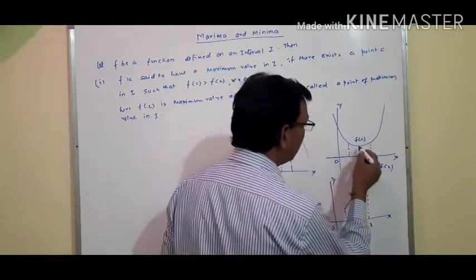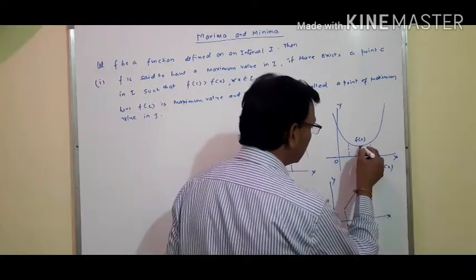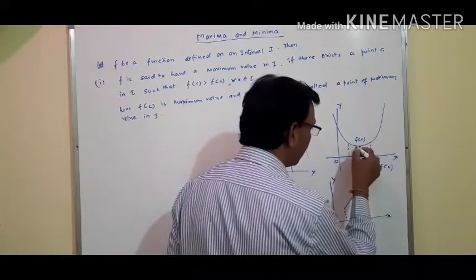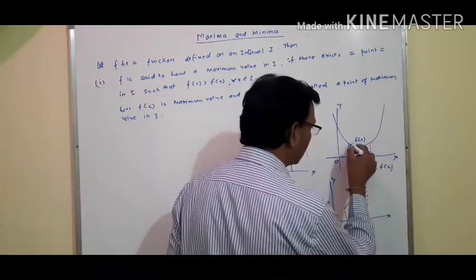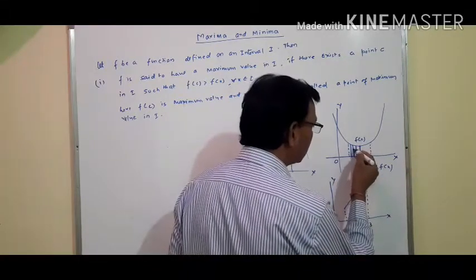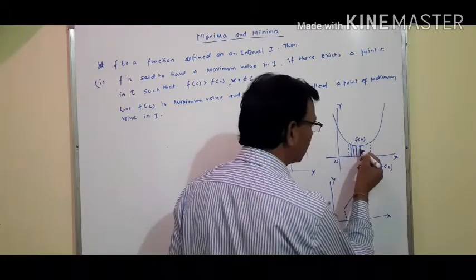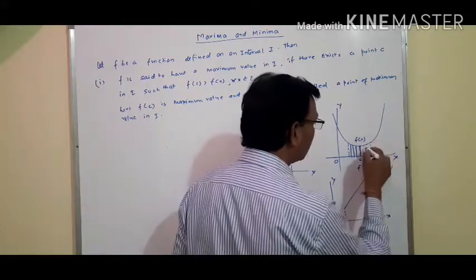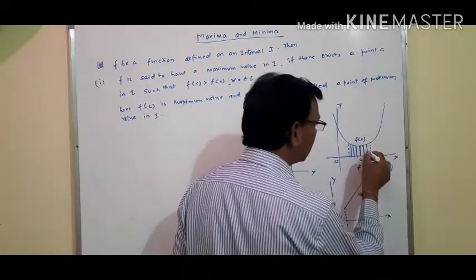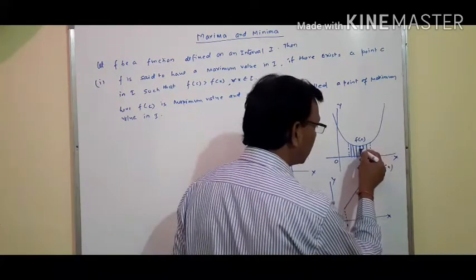You can see that at this point the value is minimum, and the values to its left are greater, each greater than the one before, and on the right side also each value is greater than the one before.